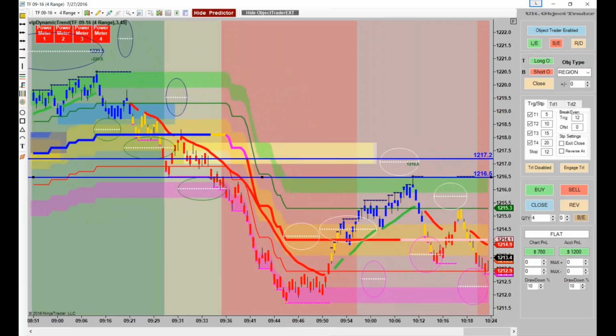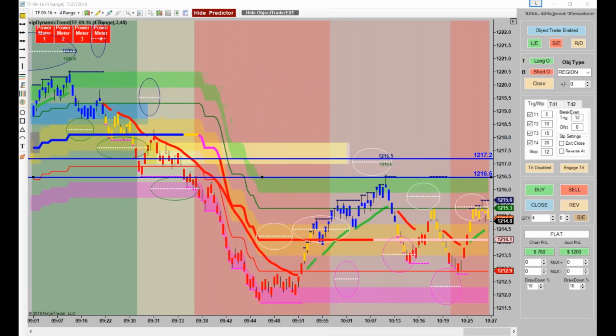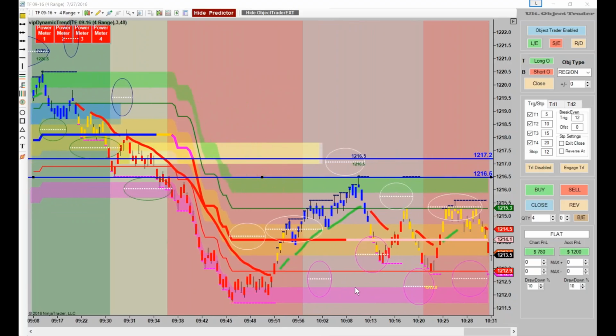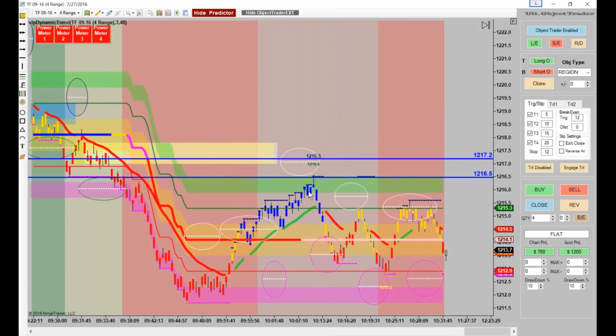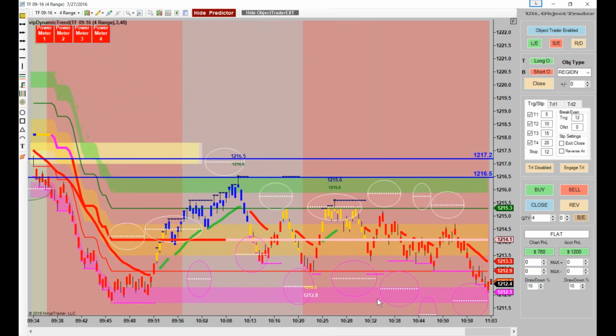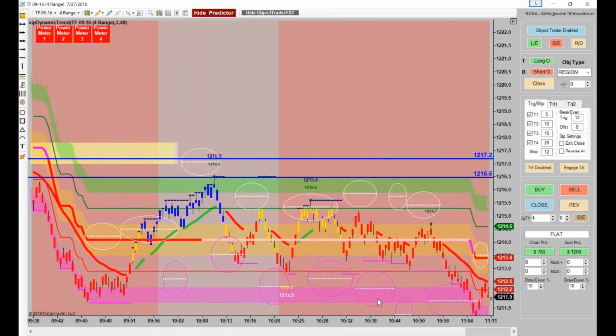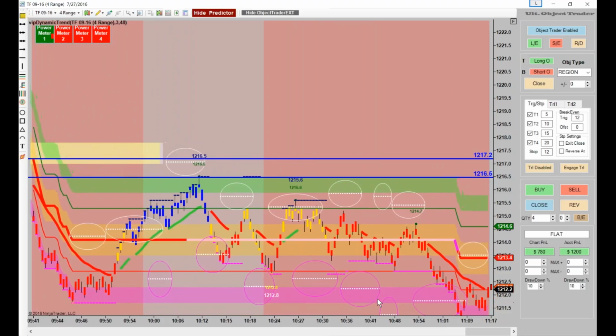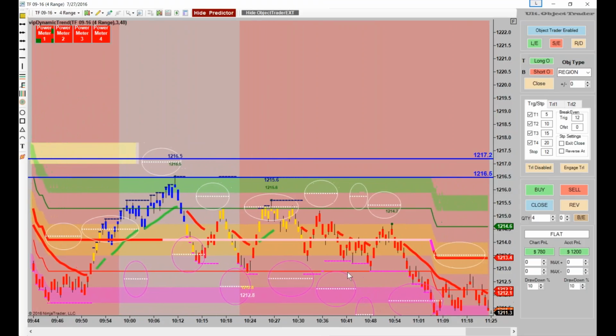What about this predictor? Now, I'm going too fast on this because we got to wrap this up pretty quick, but I'll slow it down now. All right, let's say that you got your phantom trade. There's a predictor, 10 ticks. There's a predictor, more than likely 10 ticks. We'll see if we get another one. No predictor yet. We'll take the first predictor.